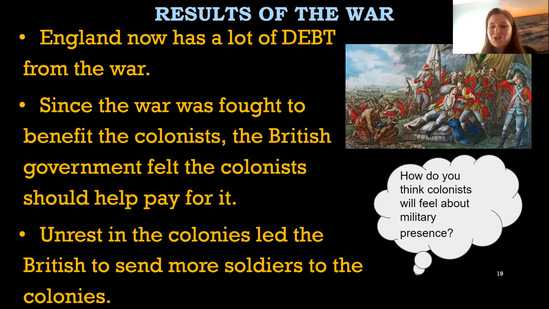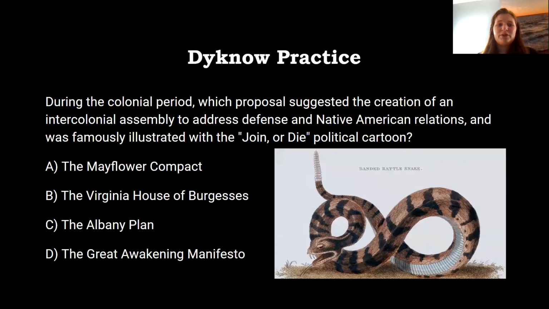The colonists are not too happy about this, so the British are going to send in some soldiers to the colonies to help them try to create some order and require that these colonists contribute to the debt through some new taxes.